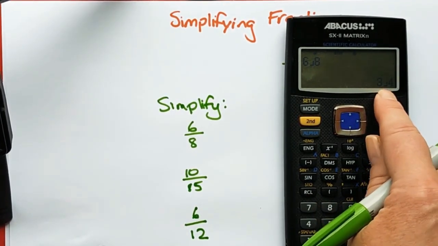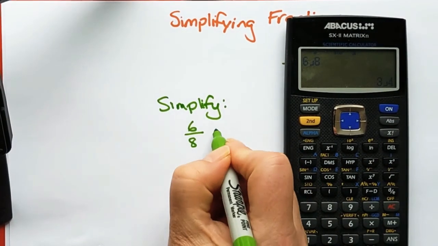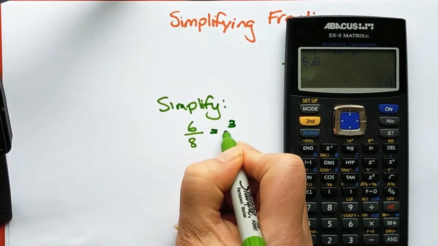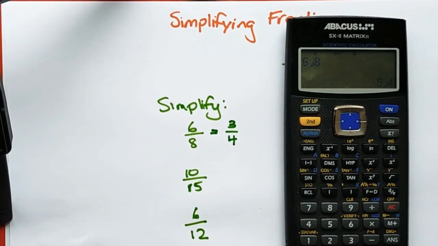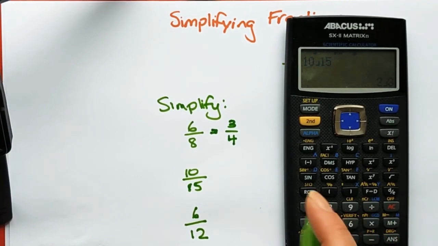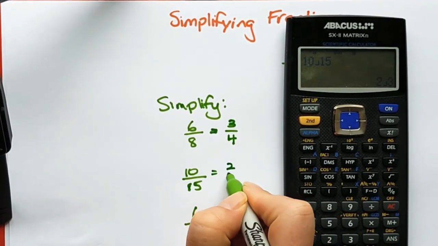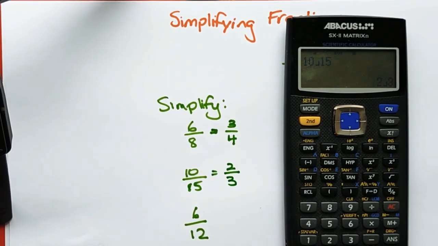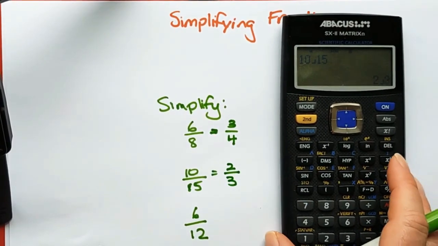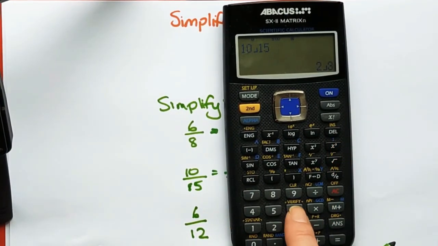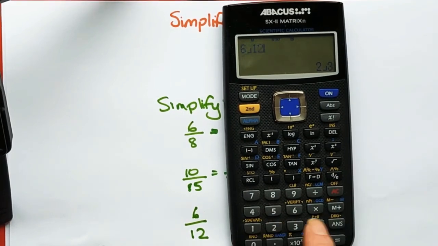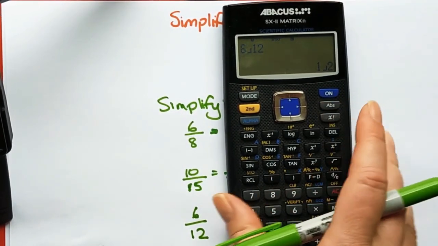Look at your screen and then write it in a fraction way. 10/15, we'll do 10, fraction key 15, equals, and we get 2/3. We do our last one, 6, fraction key 12, equals, and we get 1/2.